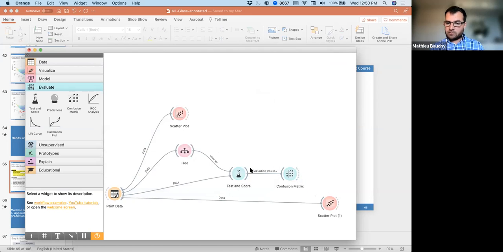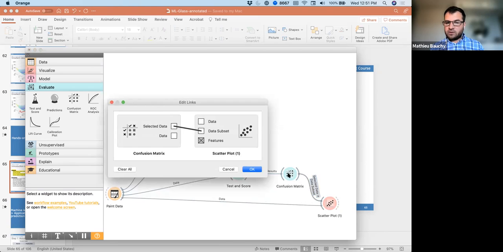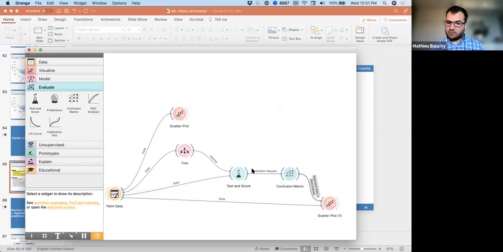Now I'm going to create a second link where I want this to be a subset. This confusion matrix captures the data points that are misclassified. So you have all the data, and within it there is a subset of those data that are misclassified. I want to see which data points those are.